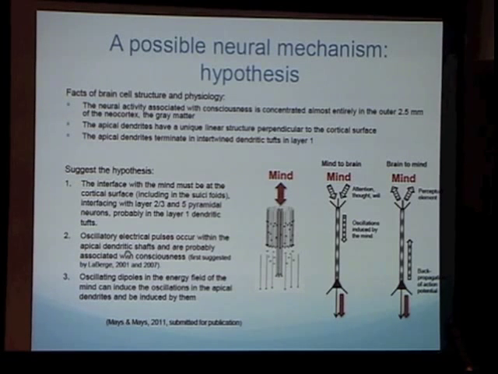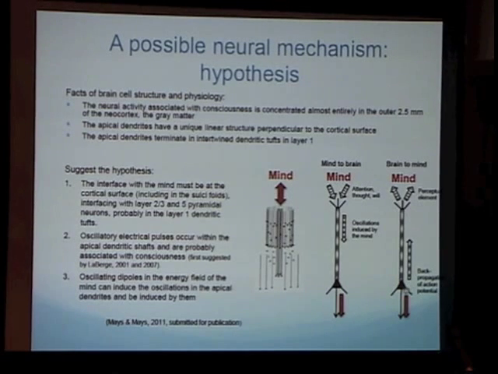He wasn't talking about the mind or the interface with the mind, but that resonated with us as a place where the mind could be, and that's what the mind could be doing with, if you remember, oscillating dipoles. So the oscillating dipoles of the mind could be inducing oscillations in the apical dendrite, which would then fire the cell.